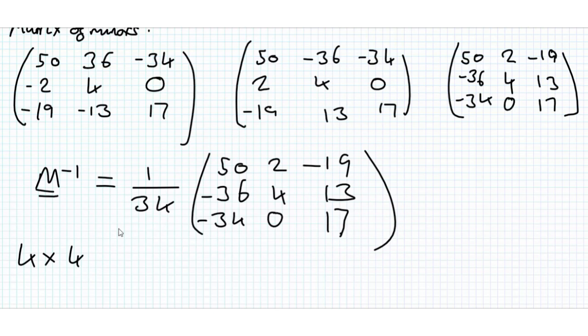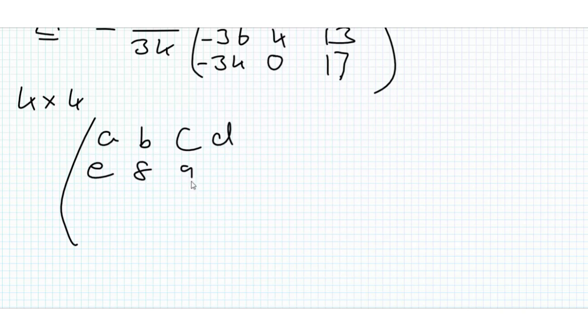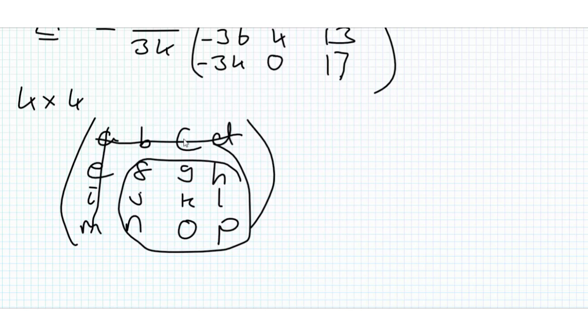But what you've got to remember is, if we've got a 4x4 matrix, A, B, C, D, E, F, G, H, I, J, K, L, M, N, O, P, to calculate the minor matrix, we'd have to cross out this one, and then we're finding the determinant of a 3x3 matrix, and we have to do that for all 16 elements. So you can see this would take forever by hand.